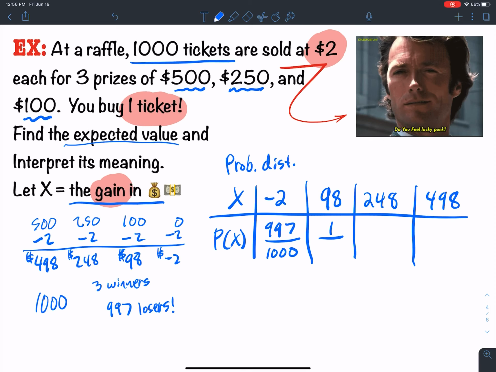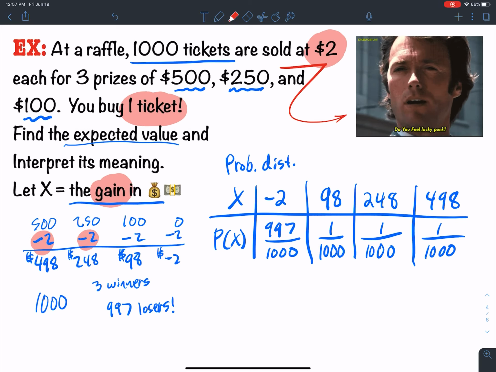Only 1 out of 1,000 get that $100 prize, 1 out of 1,000 get the $250 prize, and 1 out of 1,000 get the $500 prize, okay? The gain, we have to subtract off the 2 here because we paid $2 to play. Got to spend money to make money, okay?